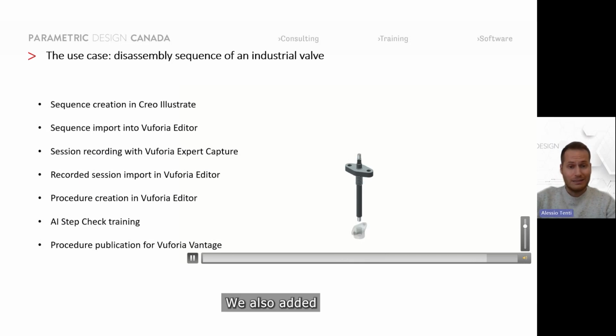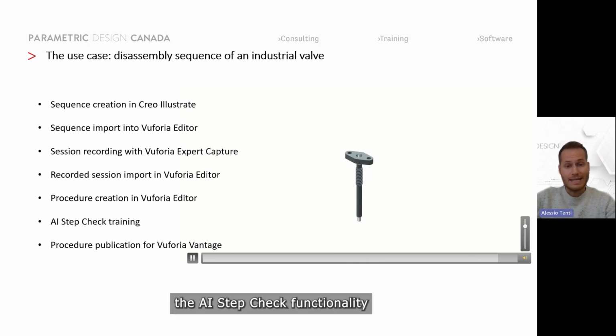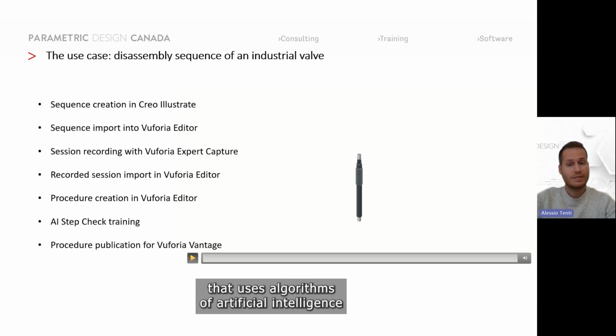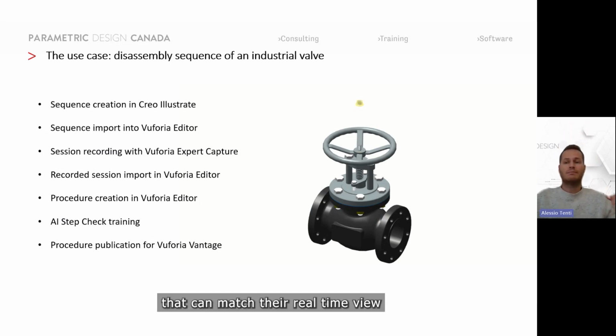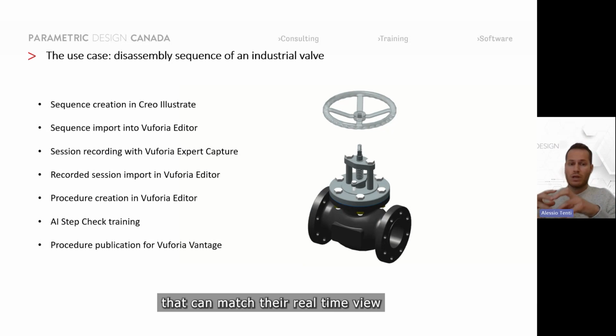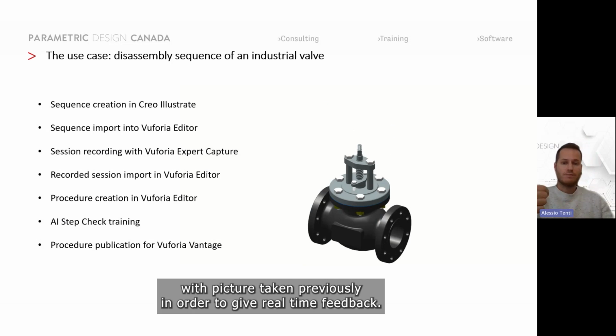We also added the AI step check functionality, which uses artificial intelligence algorithms that can match the real-time view with pictures taken previously in order to give real-time feedback.